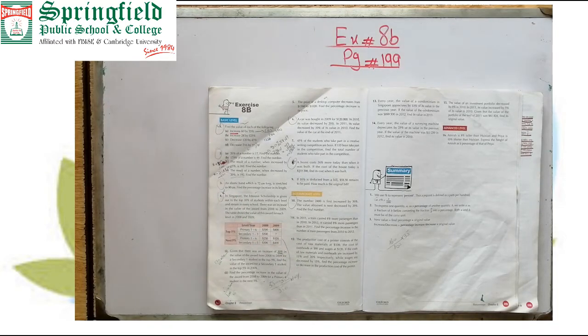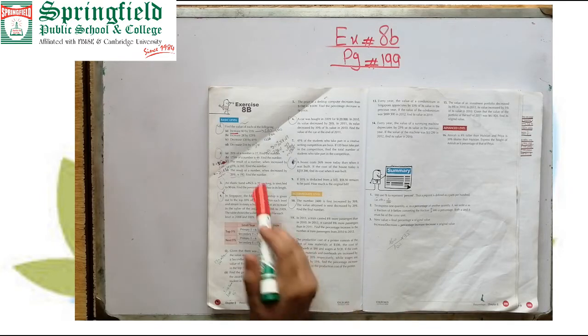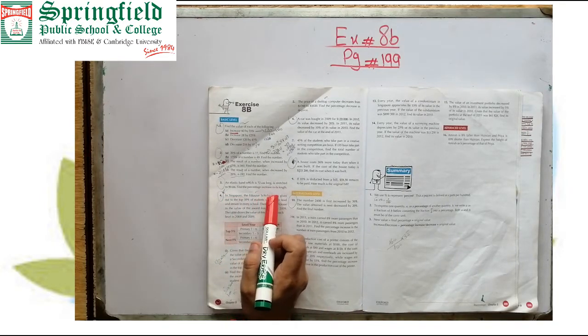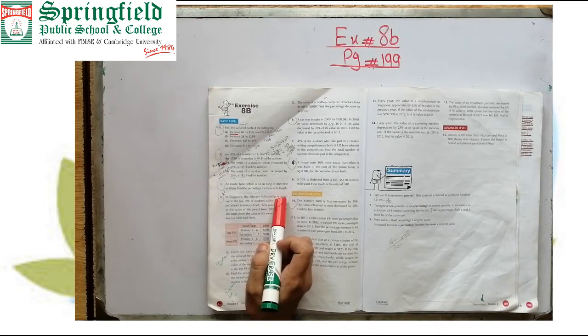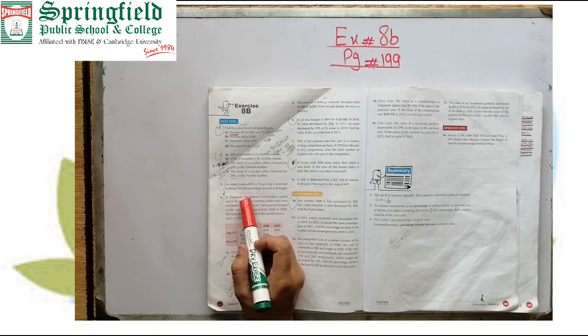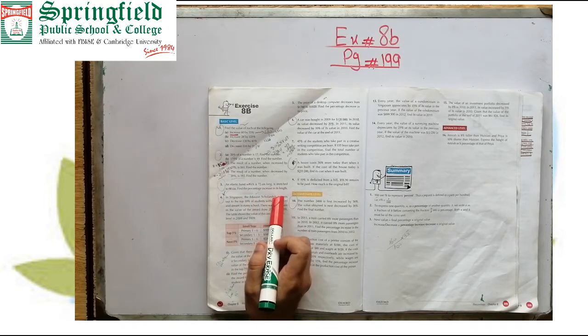Question number 3: an elastic band which is 72 centimeter long is stretched to 90 centimeter. Find the percentage increase in its length. They are asking about the percentage increase in its length.